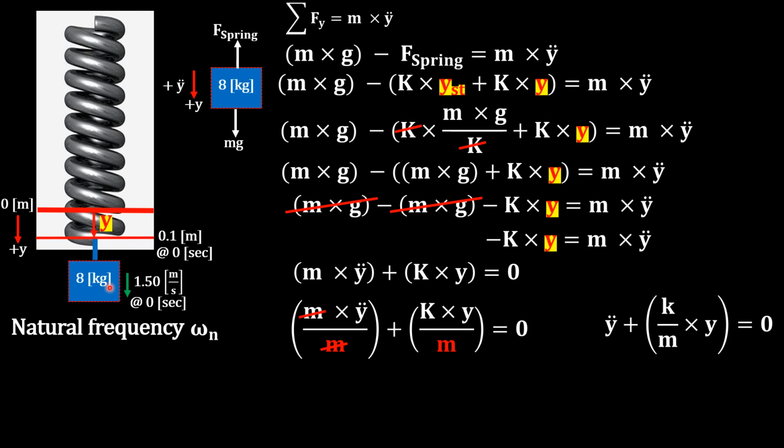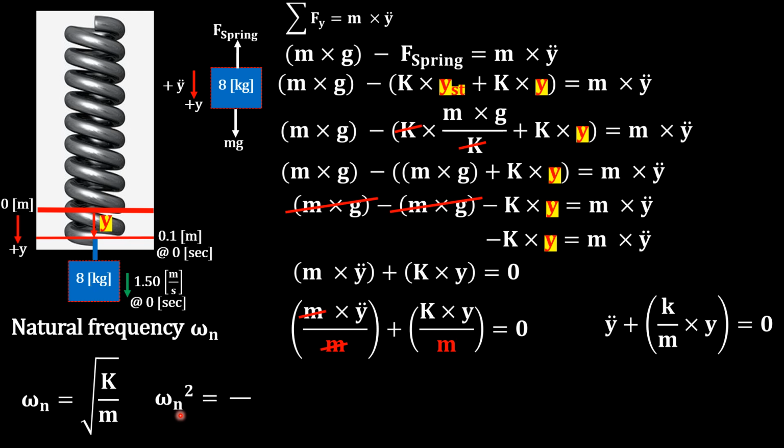So that's why we can model some mechanical systems as a spring and mass model. So the natural frequency is the square root of the spring stiffness divided by mass. So if we take the square of both sides, we can get rid of the square root. So that's what we did in here.